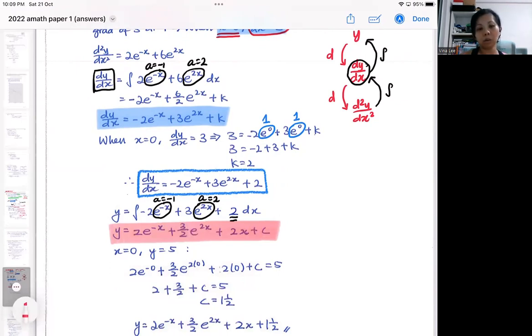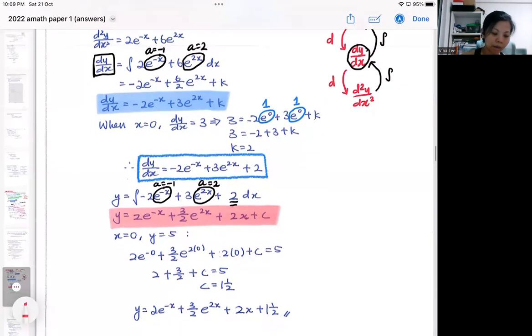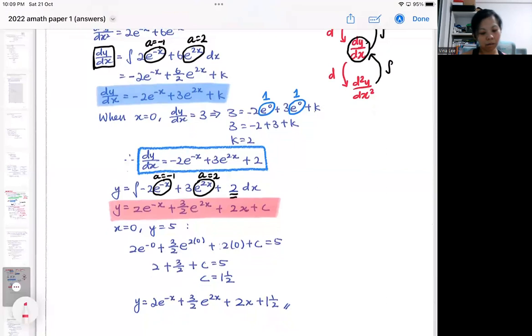Label this unknown differently from the previous one. Some people will do C1, C2, K1, K2. In this case, I'm using K and C. Put in the coordinates that have been given previously and solve carefully, you will be able to get the final unknown and then the equation of the curve will be solved totally.